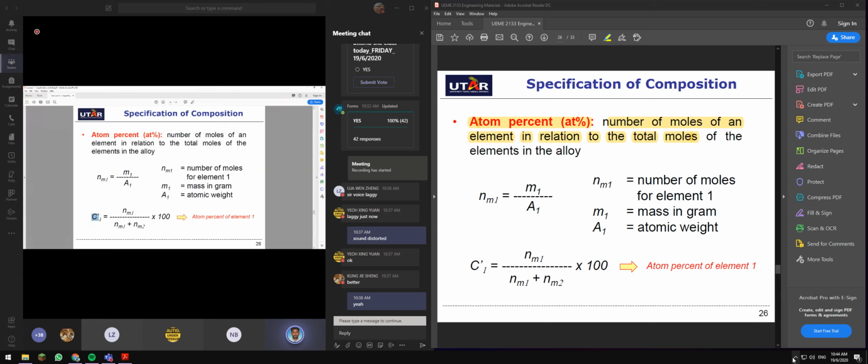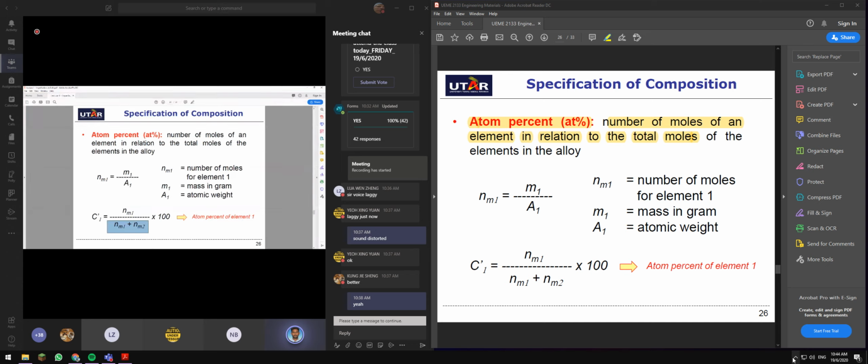And then back to the business, atomic percentage. For you to find atomic percentage, take the number of moles of element 1 divided by the total number of moles available in that material, times 100. So you'll get the atom percentage of element 1.